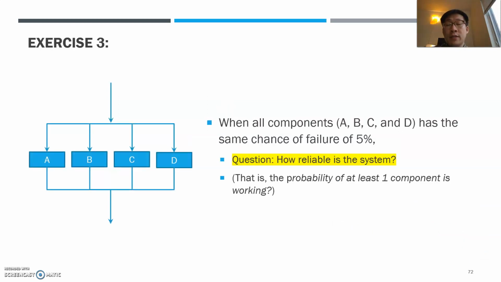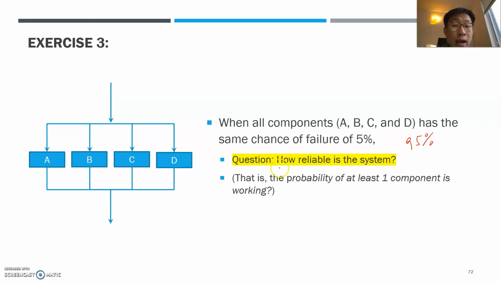So here, exercise number 3, let's take a look together. Here we're looking at a 4-component system that is using a parallel design or redundancy design, and each one of the components is assumed independent, and each of those components has a probability of failure of 5%, or a probability of being up and running of 95%.